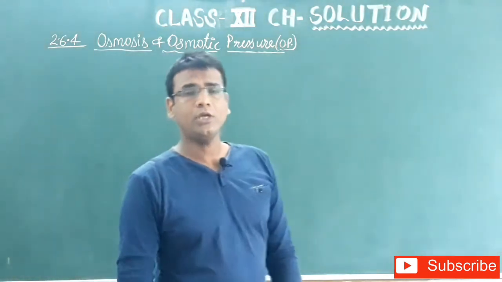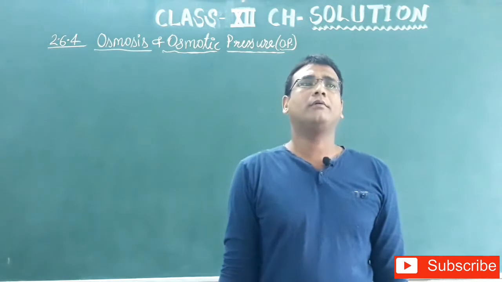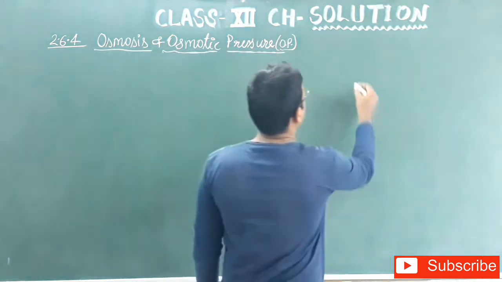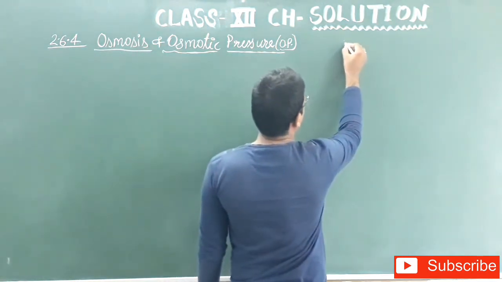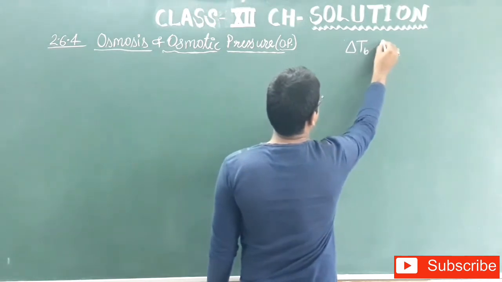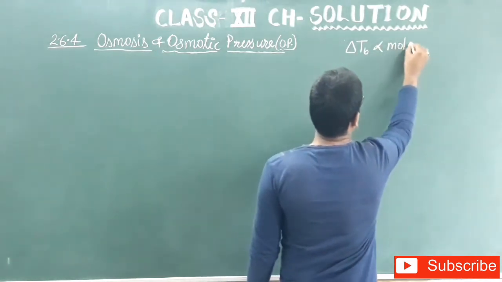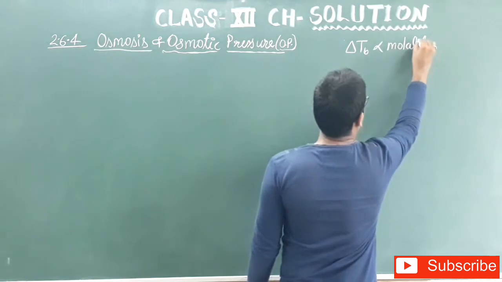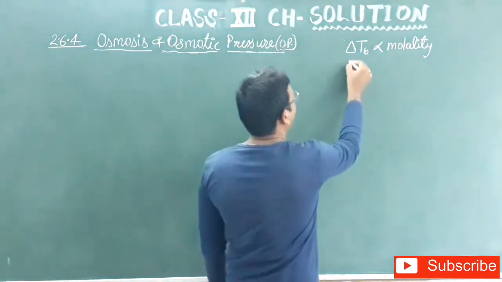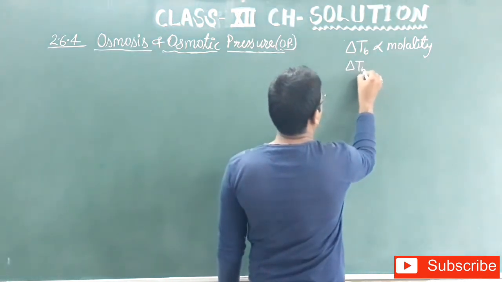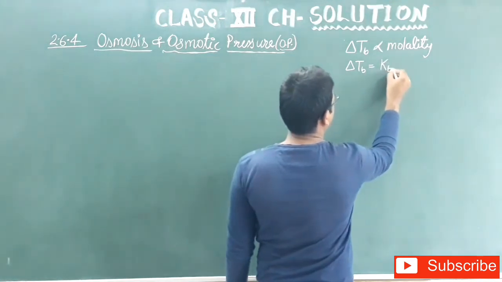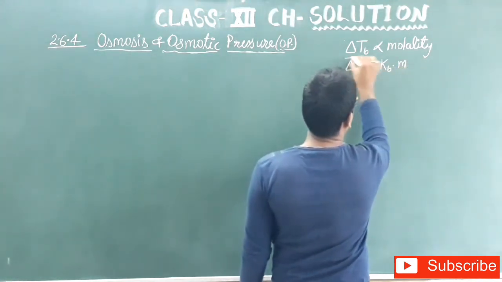In the previous colligative properties, delta TB is directly proportional to molality, and if we remove the proportionality constant, we get one constant called Kb, so delta TB equals Kb into m.